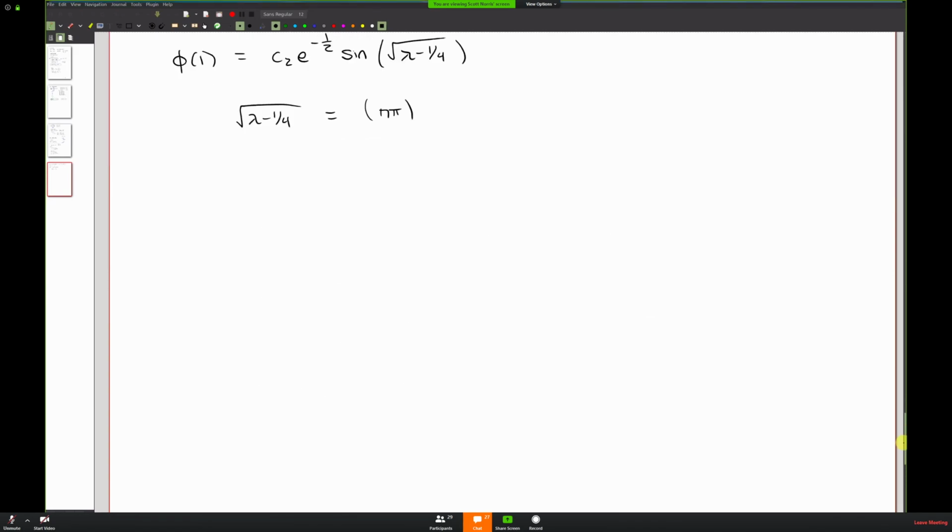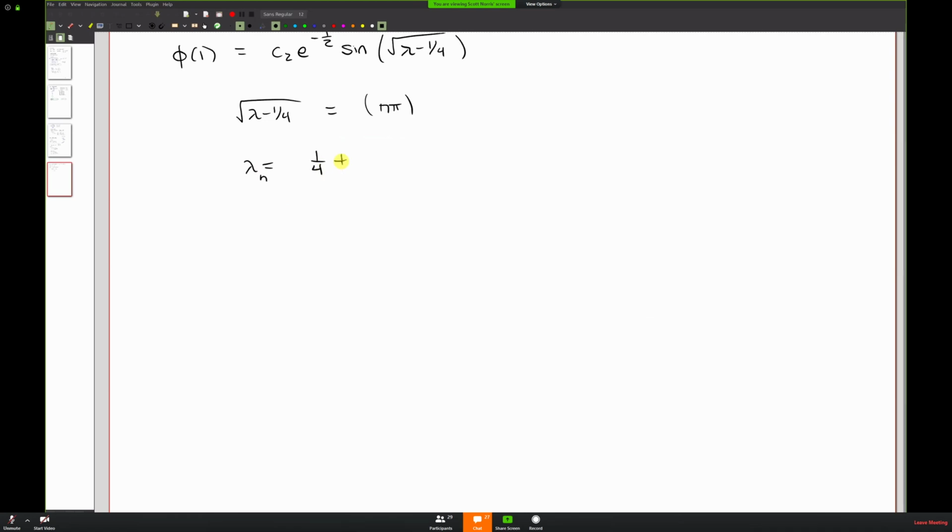Okay, and that gives us that lambda n equals a quarter plus (n pi) squared, and phi sub n equals e to the minus a half x sine n pi x, where n goes from 1 to infinity.